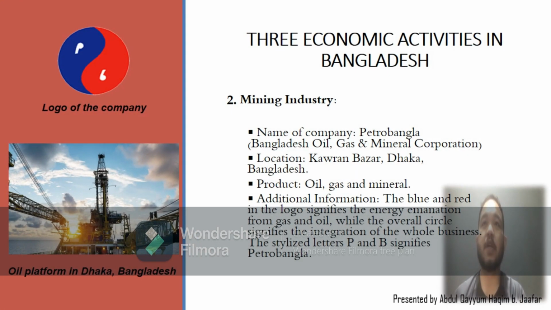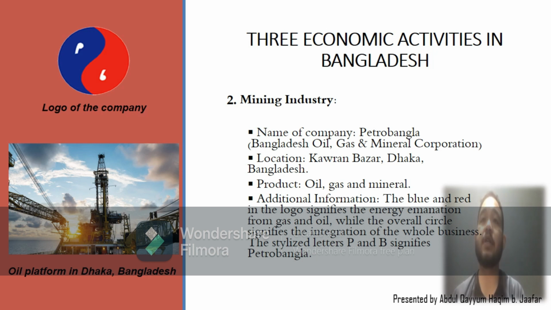For the three economic activities in Bangladesh, point number 2 is the mining industry. The name of the company is Petro Bangla, Bangladesh Oil, Gas and Mineral Corporation. Location: Karwan Bazar, Dhaka, Bangladesh. Products: oil, gas and minerals.